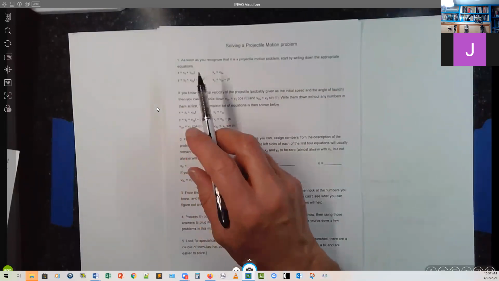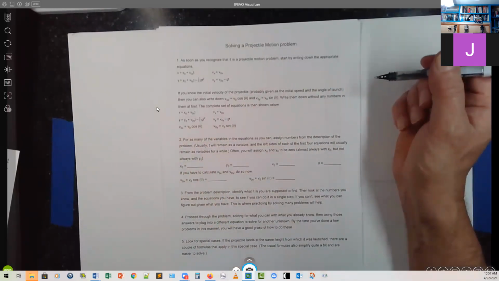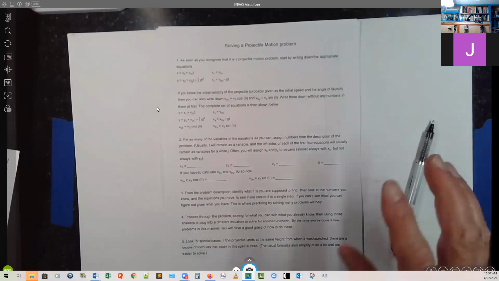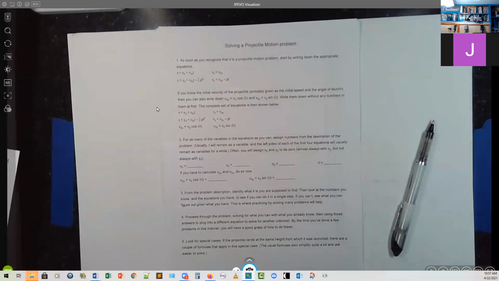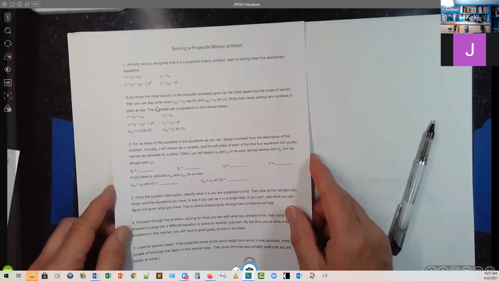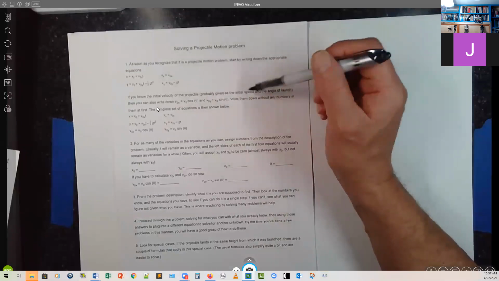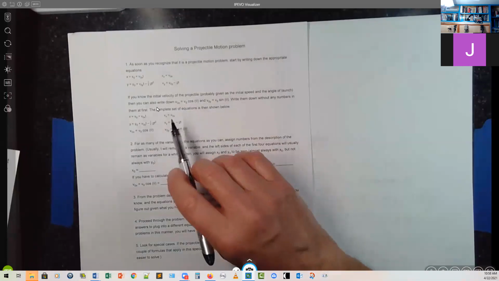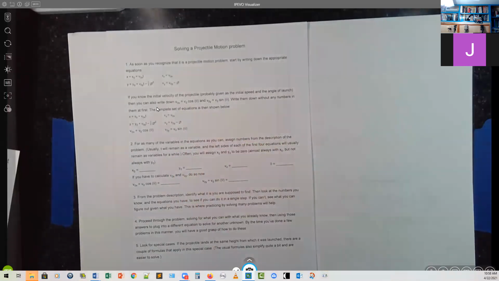And something I do, as soon as I recognize that something's a projectile motion problem, I write down the appropriate equations. And I don't remember if I got these out of your textbook, or if I wrote them on my own, but they're things that I've pretty much incorporated into the way that I do things. And then if I know the initial velocity of the projectile, given as the initial speed and angle, I can also write down v naught x is v naught cosine theta and v naught y is v naught sine theta.